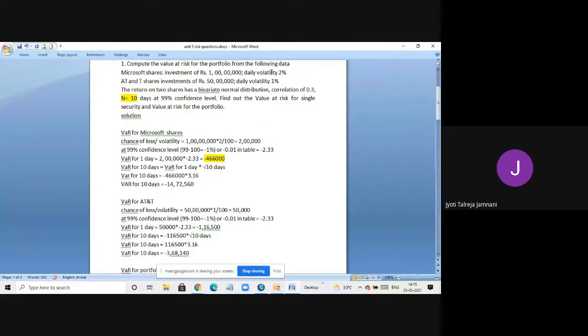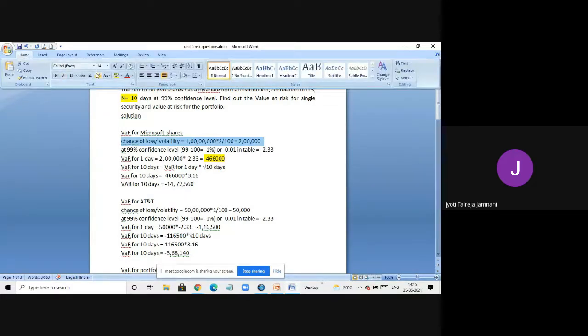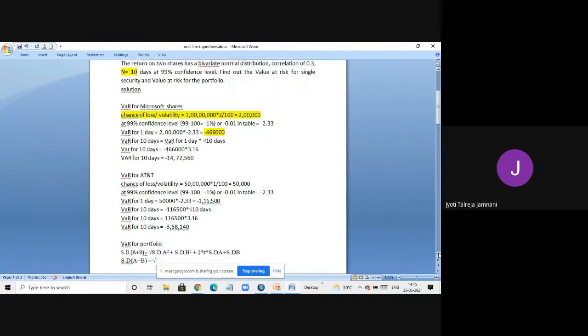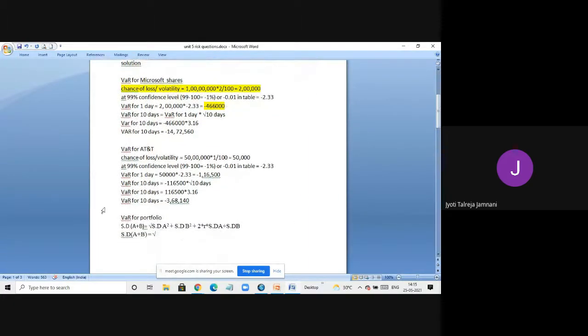So we found out in amount also your chance of loss or volatility. 2 lakh rupees is the standard deviation or volatility for Microsoft shares. Now instead of A and B, you can also write Microsoft and AT&T. So if you want, it can be M and A. We are going to find standard deviation of M and A.